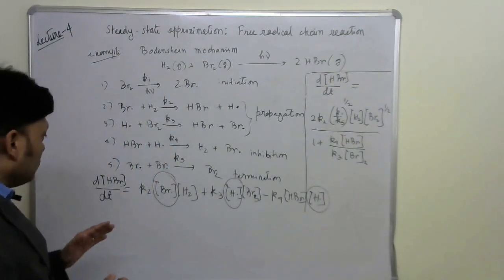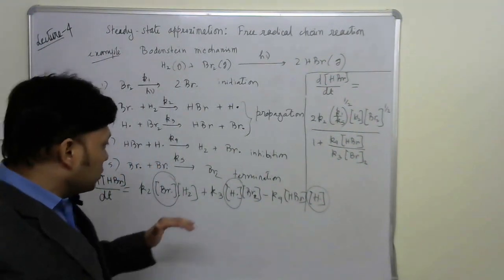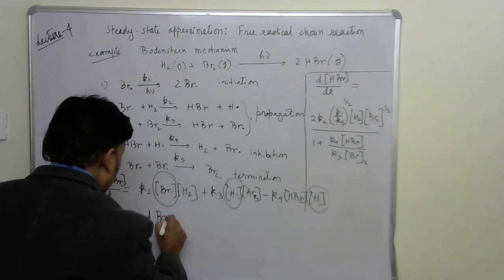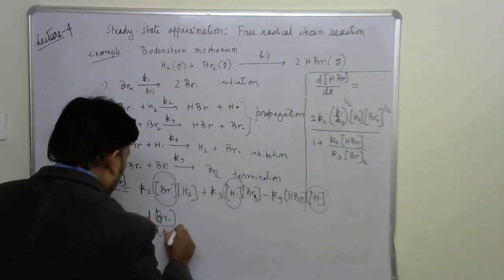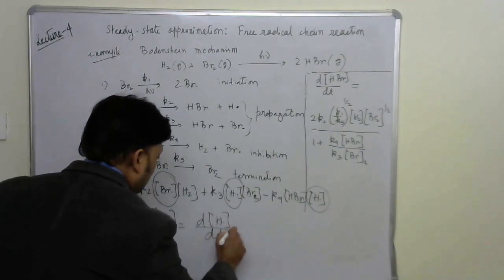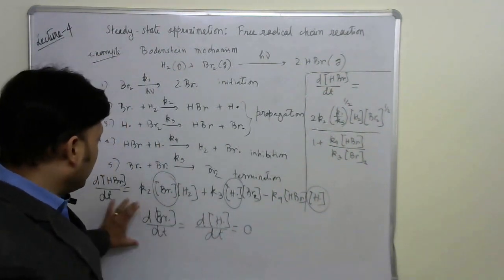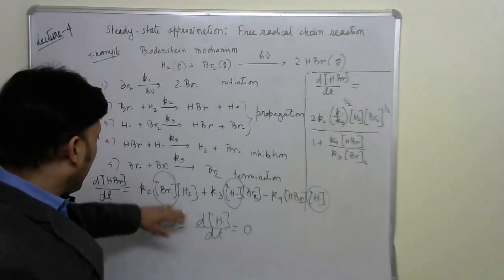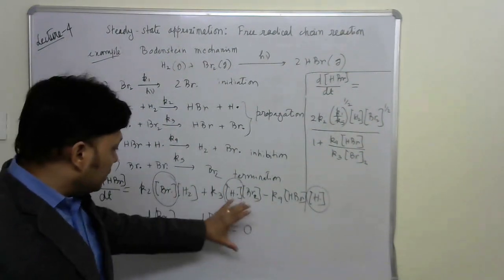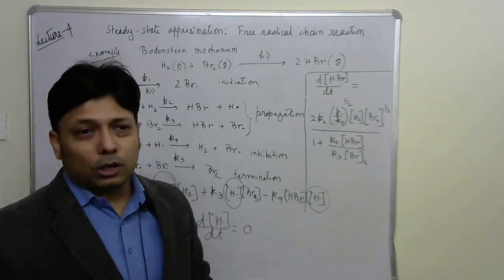So now we are going to apply the steady state approximation. It means that we can write d[Br dot]/dt is equal to d[H dot]/dt is equal to 0. But before that, we have to find the expressions for d[Br dot]/dt, like I have found this one, and d[H dot]/dt, and then setting them equal to 0, you will form two different equations.